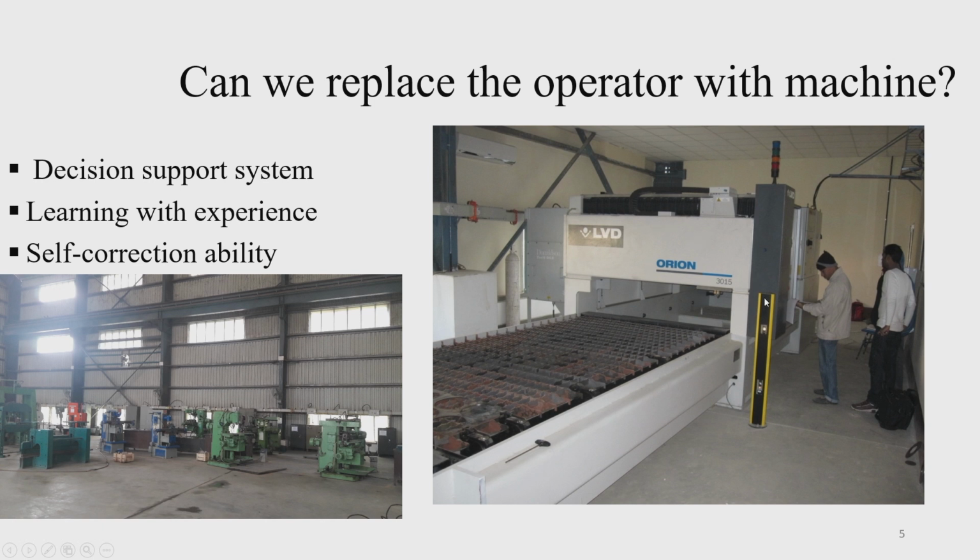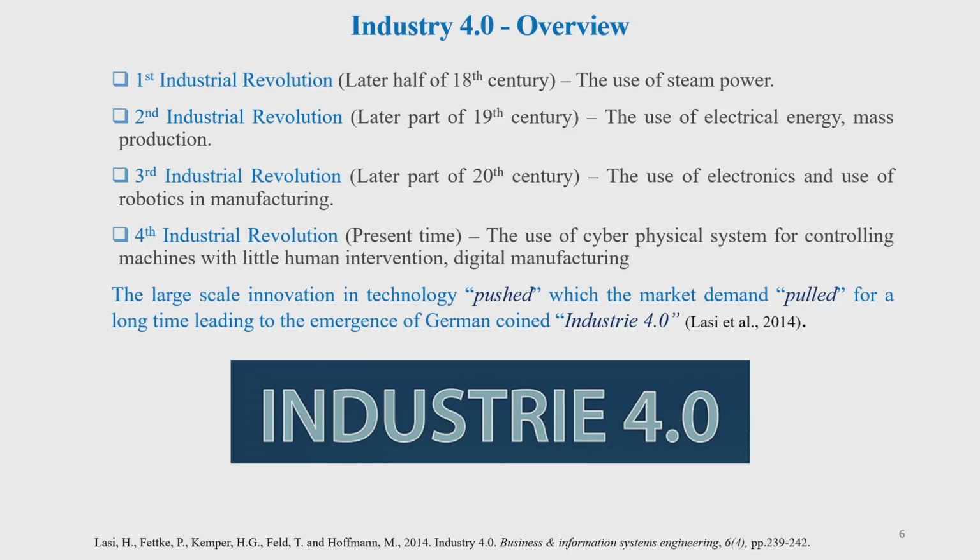It is like a CNC machine. Here you can program, but even then it needs a human operator. If we can replace the human operator, we can make use of a decision support system. Machines can learn on their own with experience, and they can have self-correction ability. If there is any problem in the machine, they can repair themselves also.